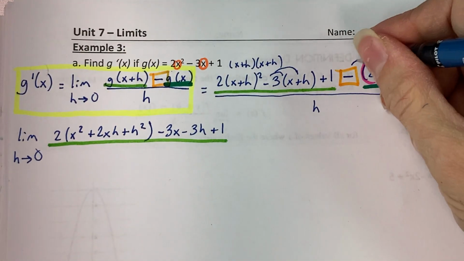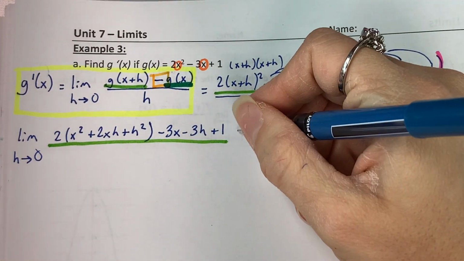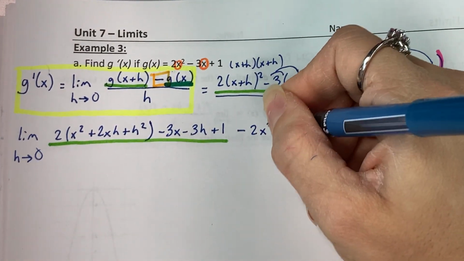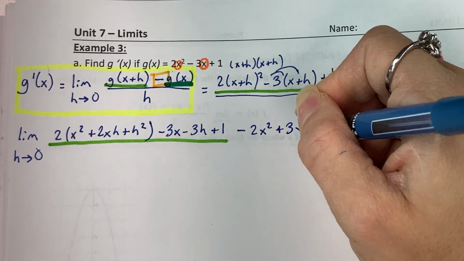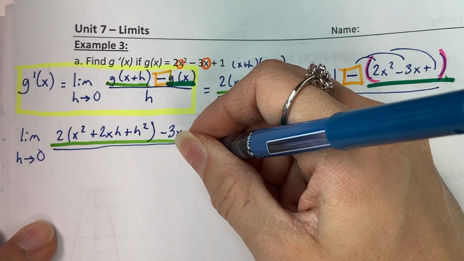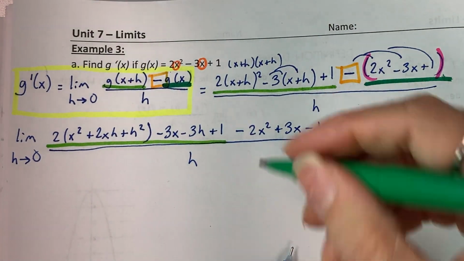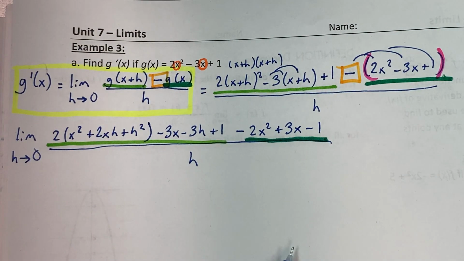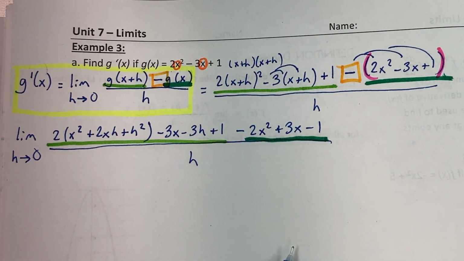Then we've got the minus sign distributed inside that parenthesis to be negative 2x squared plus 3x minus 1 all over h. And from here, we're going to do just more simplifying and hopefully crossing off some like terms.